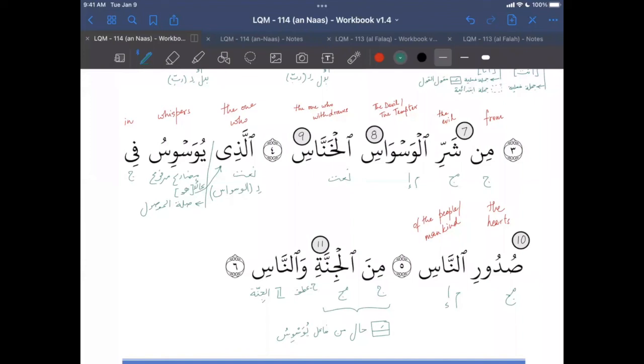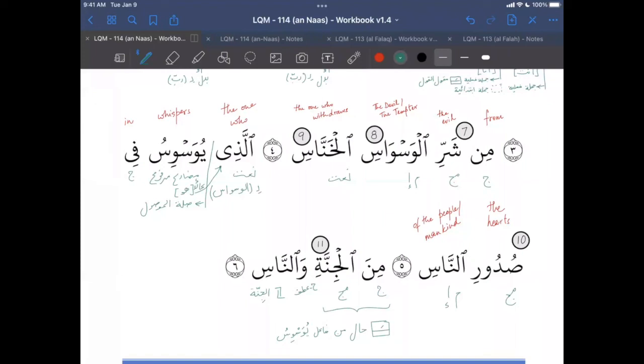Where the previous ayah said, the one who whispers in the hearts of the people and mankind, this is saying that he who whispers is from the jinnah and the mankind. That's their hal, their condition, that they can be from either of the two types.